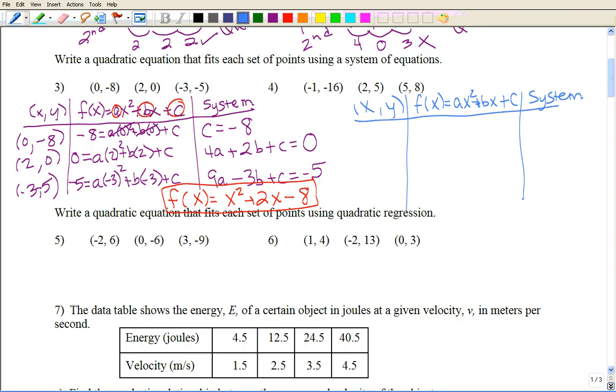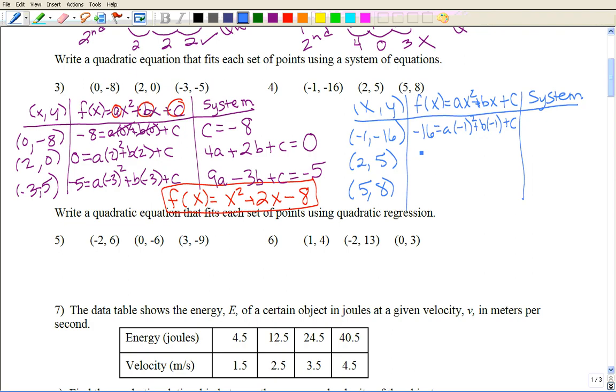Okay, so we'll have (-1, -16), (2, 5), and (5, 8). So first, I'll have -16 equals a times -1 squared plus b times -1 plus c.